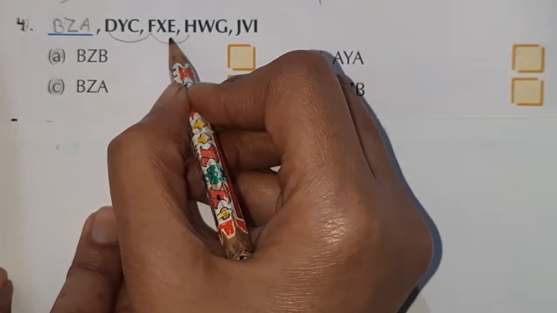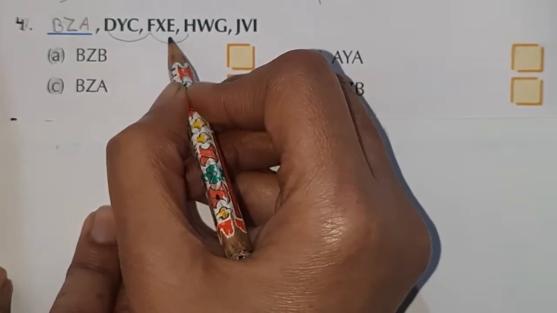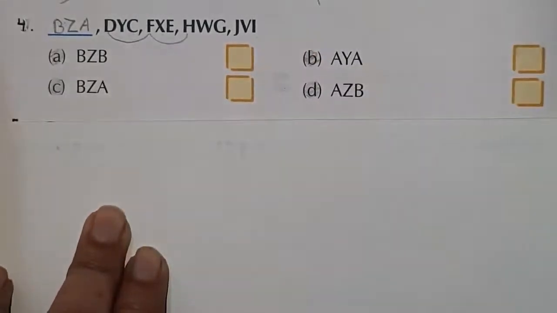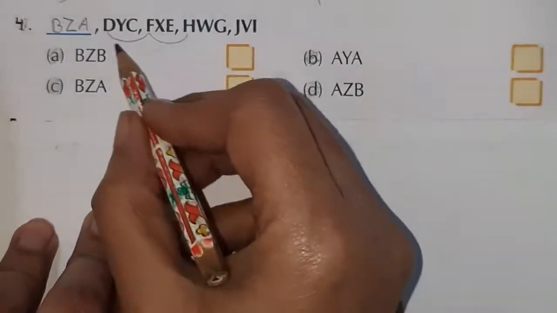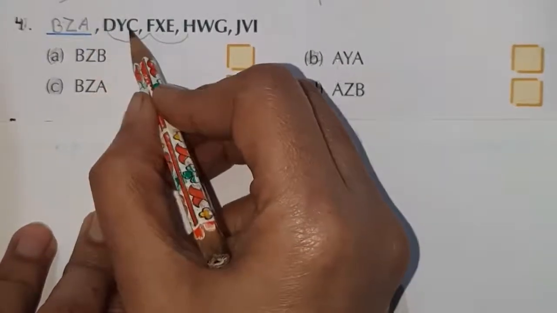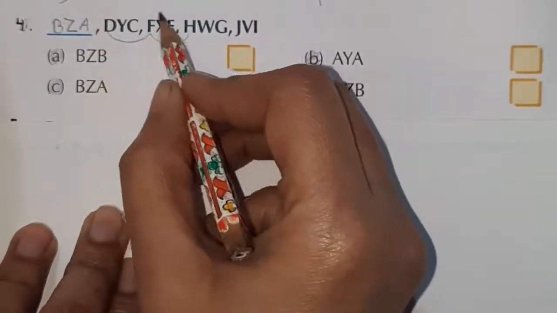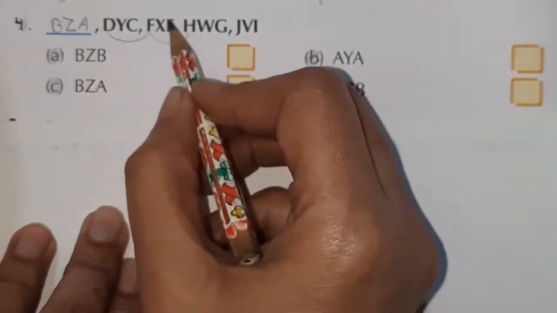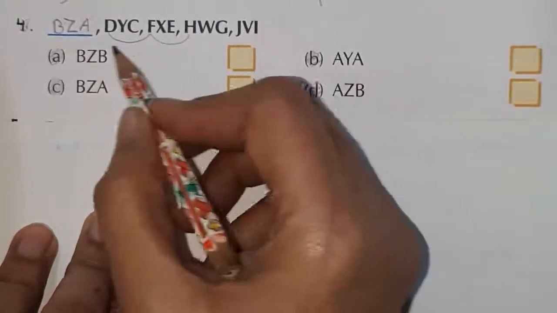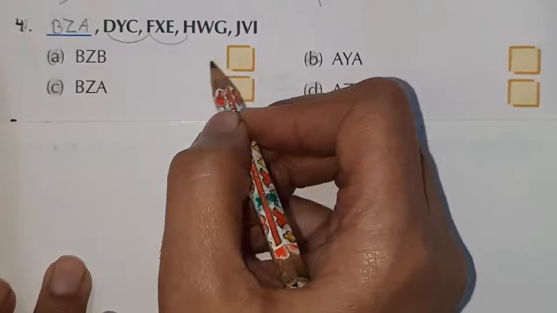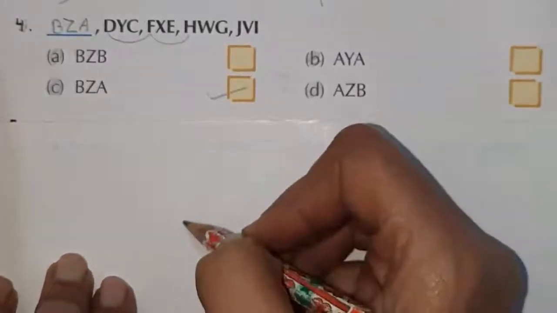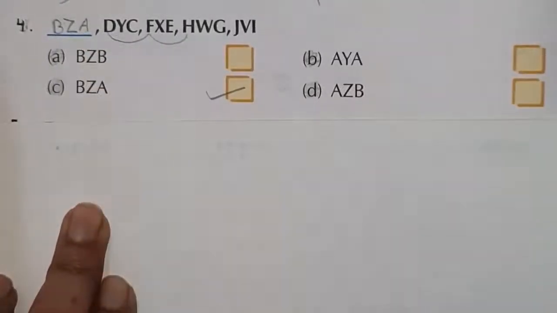C. D is left. E. Got it? The A, C, then E, G, I. 3 different series are combined. So your option is C, B, Z, A.